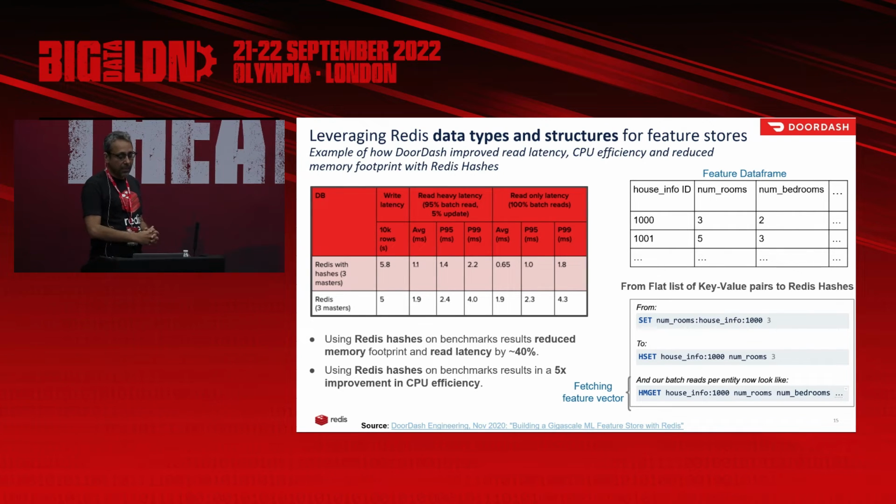They reduced the memory footprint, and also reduced the CPU utilization and decreased the cost by about 5 times. So you have a lot of flexibility when designing your feature store with Redis. How do you want to use it? What different data structures do you want to use?